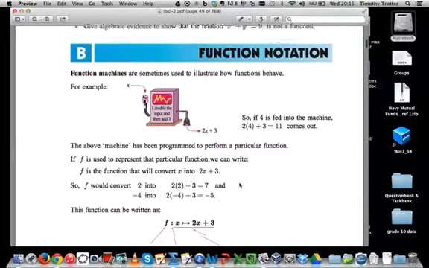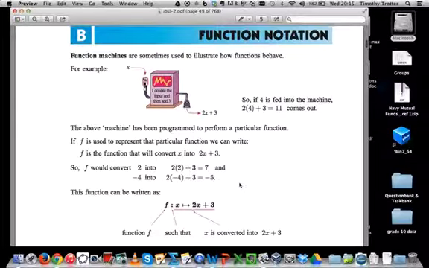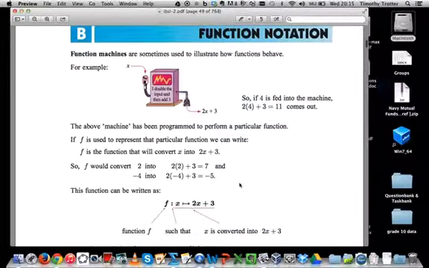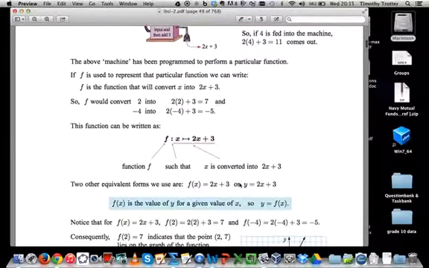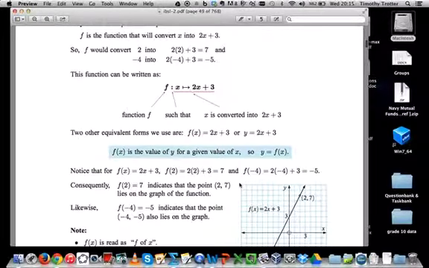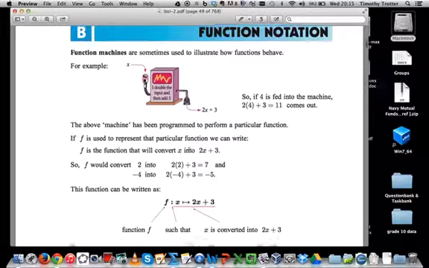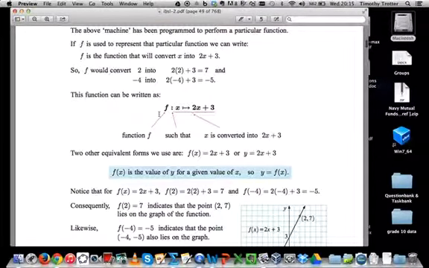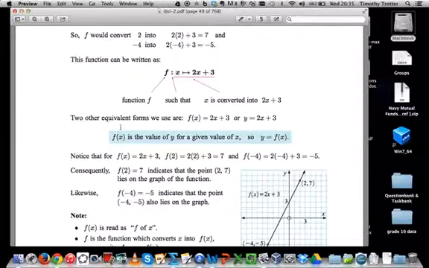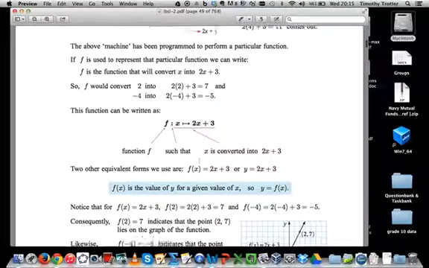We're going to talk a little bit now about notation of functions. We have a couple of different ways that we notate functions, and one of them is the old-fashioned way where we have y's and x's. Then we have a new way, where we use this notation here: the f of x, where x is the independent variable, and then we set that equal to some sort of function.